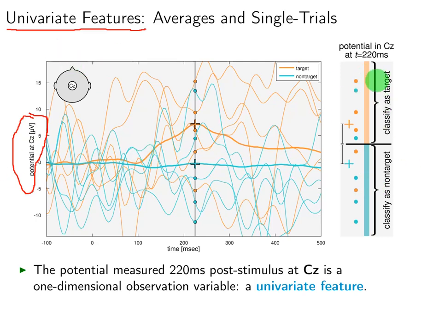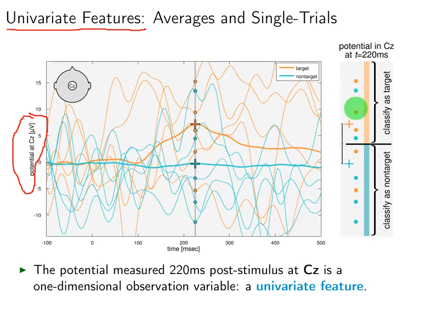Now, given these univariate features, we can observe that some of the amplitude values collected from ERPs appear to be on the other side. For example, look at this blue point, which is supposed to be on this side, or this orange one.